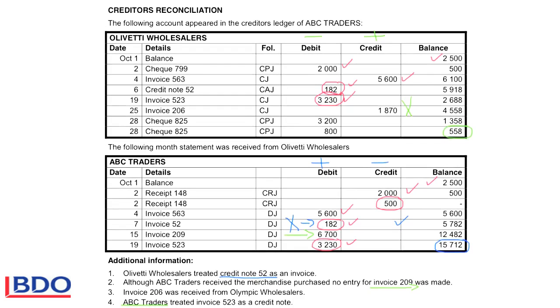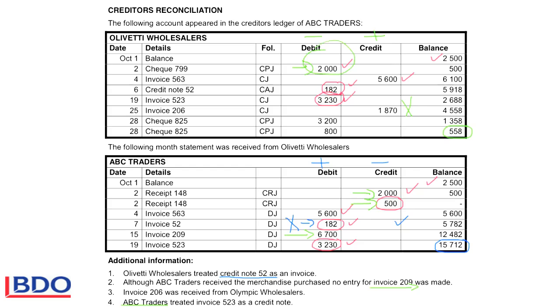And Olivetti Wholesalers also recorded the 2,000. What happened in the books of ABC Traders? They never recorded the discount. But in the books of Olivetti Wholesalers, they entered the 500 Rand discount.